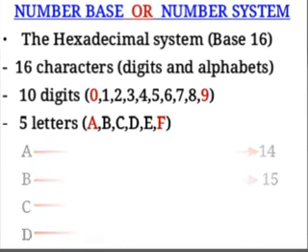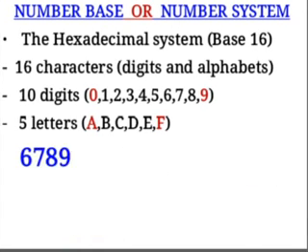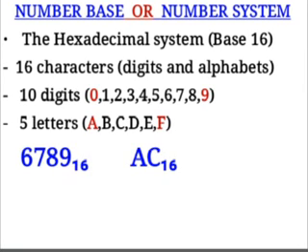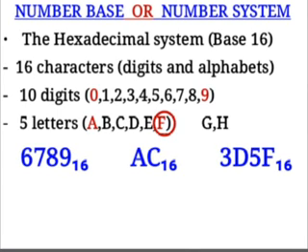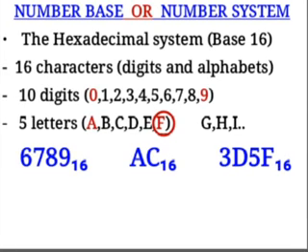Hexadecimal numbers can be written using only digits or only alphabets. They can also be written by combination of digits and alphabet, but letters that come after F, such as G, H, I, and others are not permitted in the base 16 numeral system.